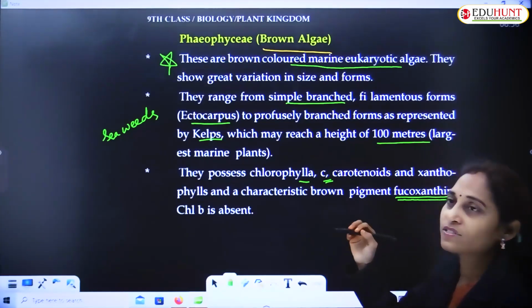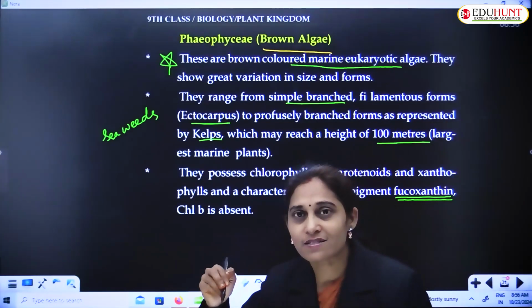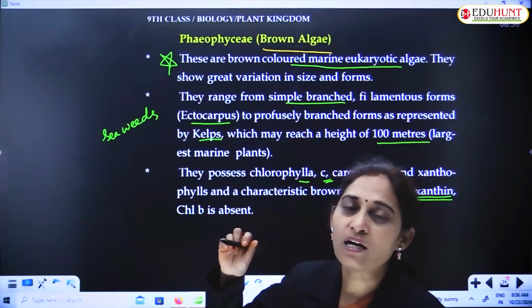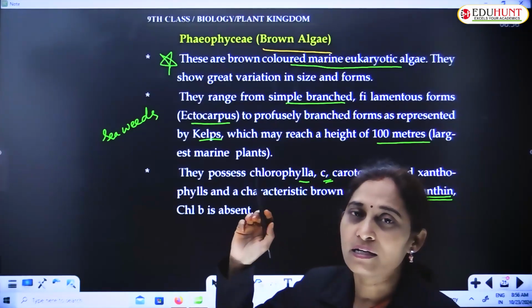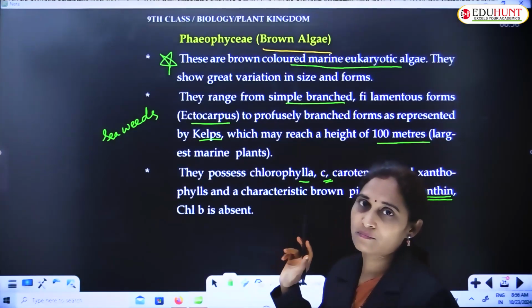Fucoxanthin gives a characteristic brown color to the algal member in which it is present.